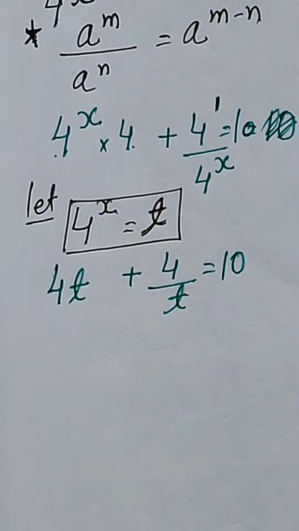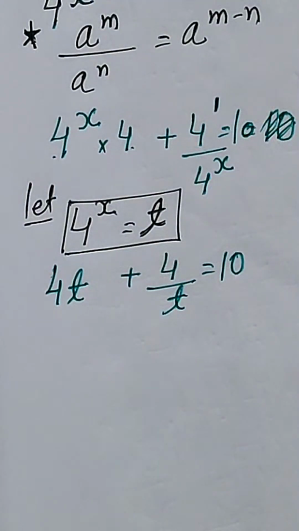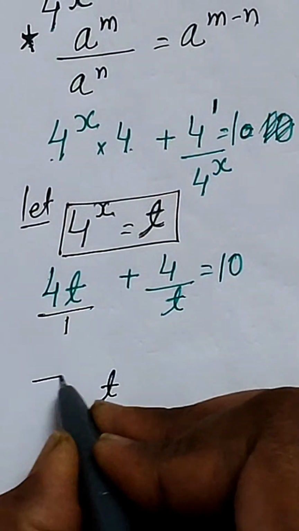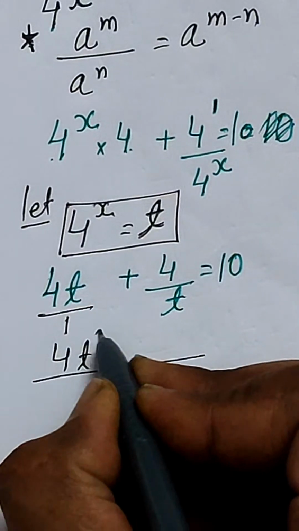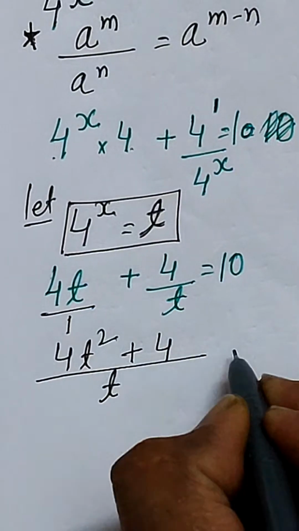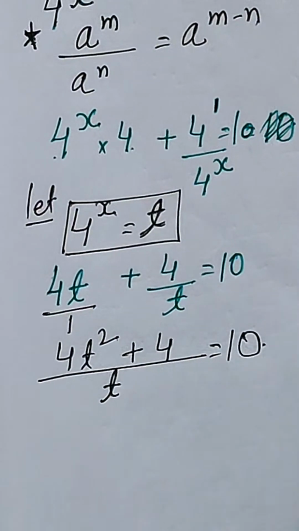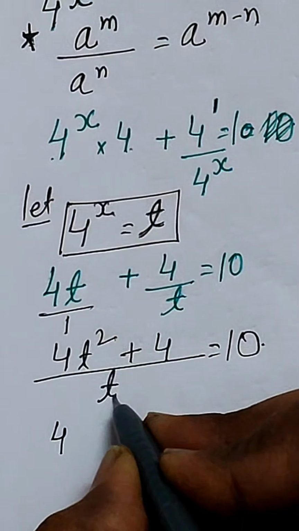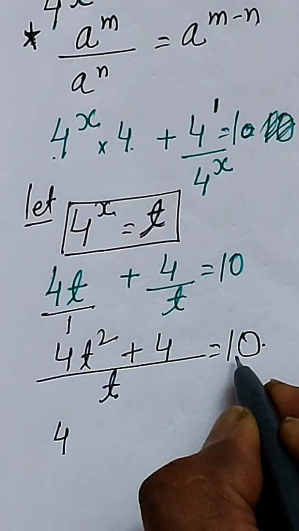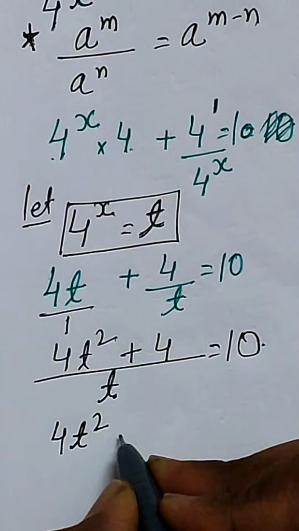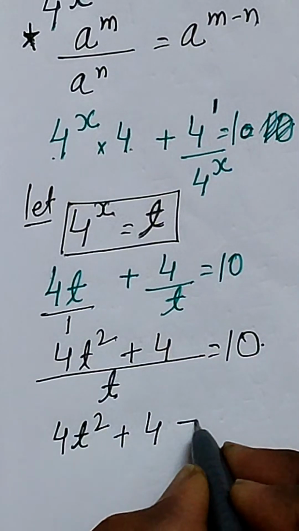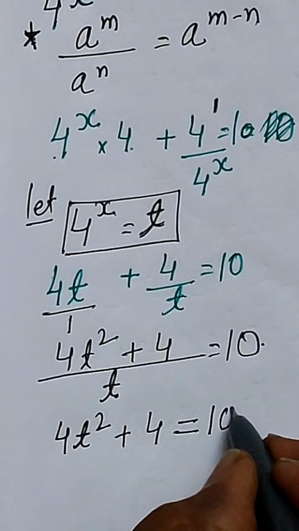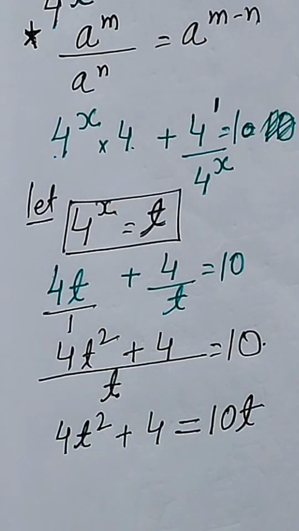Now let us proceed further. When you expand it, taking the LCM, here it's 1, so t will be the denominator, and it will be 4t square plus 4 over t is equal to 10, right? Taking the denominator of the LHS to the RHS, the equation will be 4t square plus 4 is equal to 10t, isn't it?